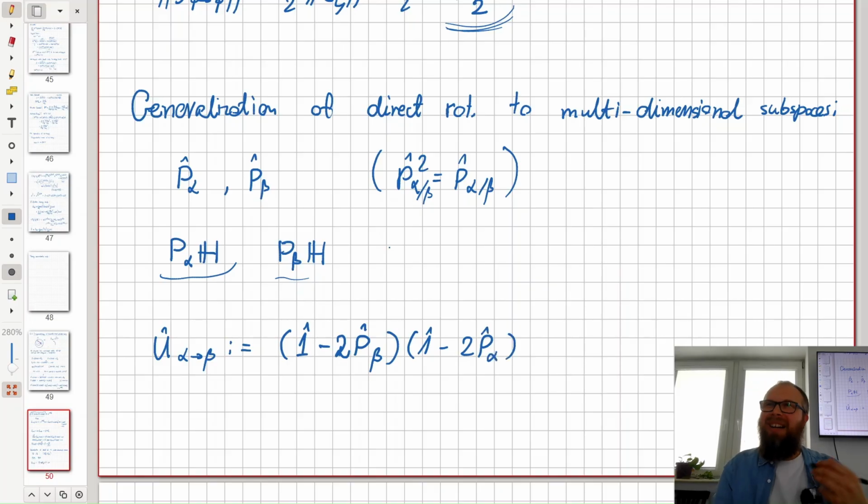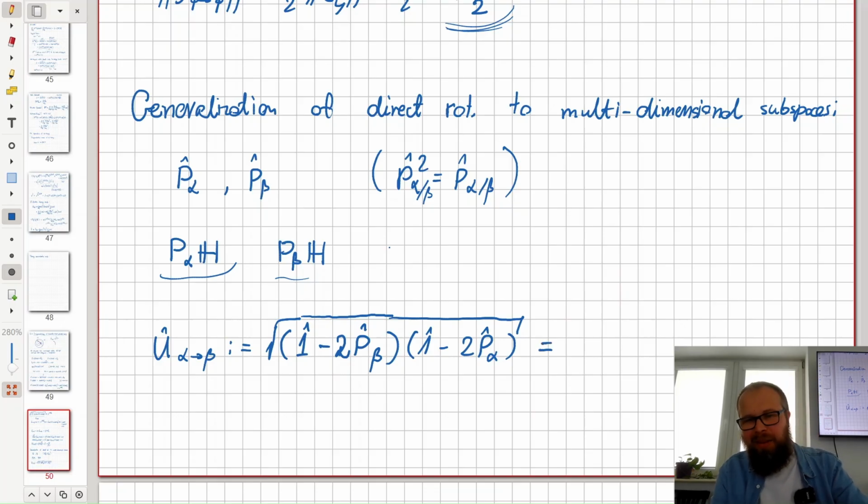You see the parallels here. What do these reflection operators reflect? They reflect the alpha subspace and the beta subspace and leave everything else. This is a direct generalization of the reflections we looked at previously, and the square root. There will be some conditions so that the square root makes sense.